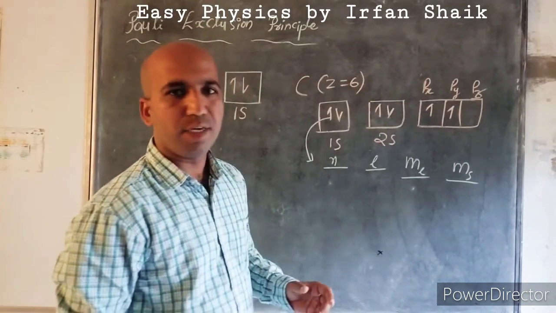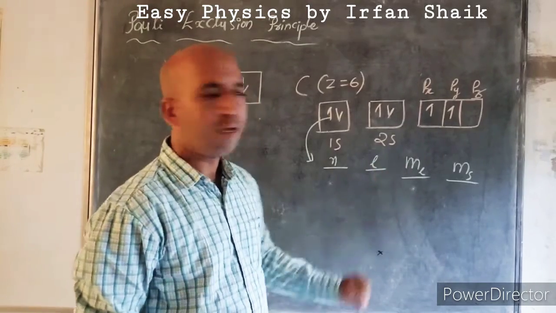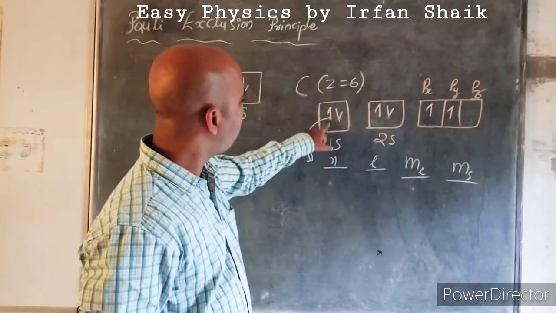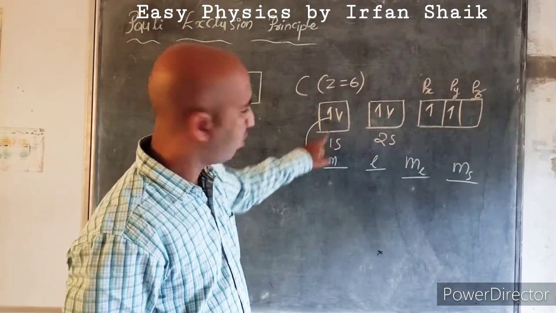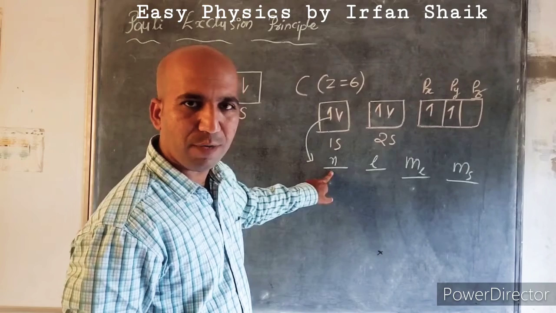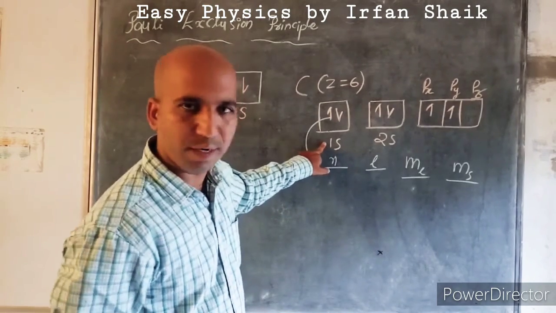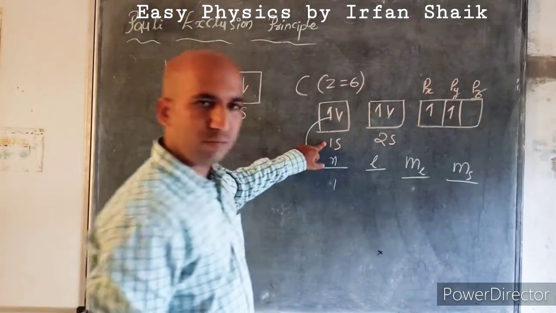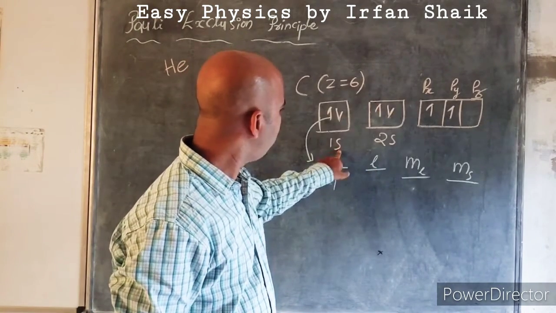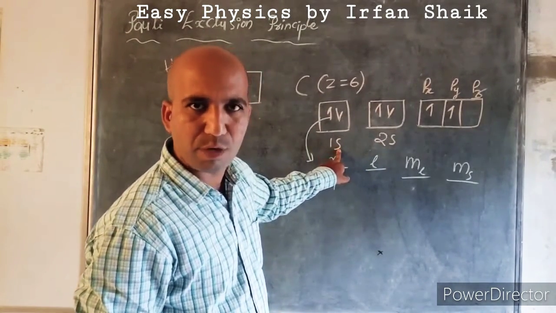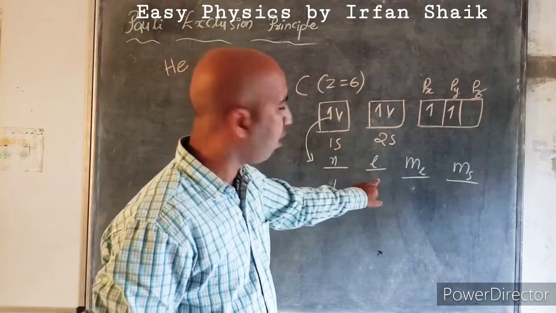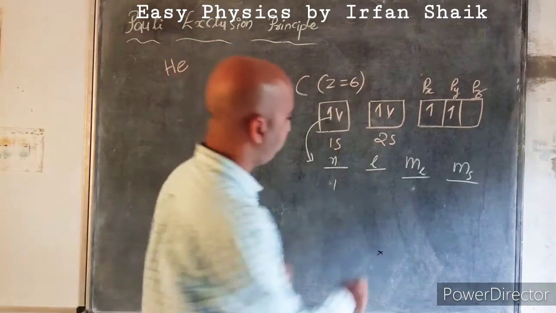Let us write the four values for the first electron. This electron is present in the 1s orbital, so the principal quantum number is 1. What is the L value? This electron is in an s orbital, and for s orbital the L value is 0.